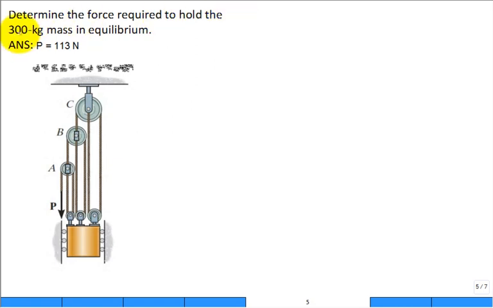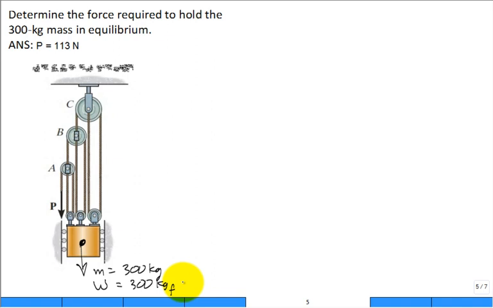Determine the force required to hold the 300 kilogram mass in equilibrium. So this object right here has a mass of 300 kilograms. It has a weight of 300 kilogram force to be consistent, because a lot of us talk about kilos as a weight as well as a mass.